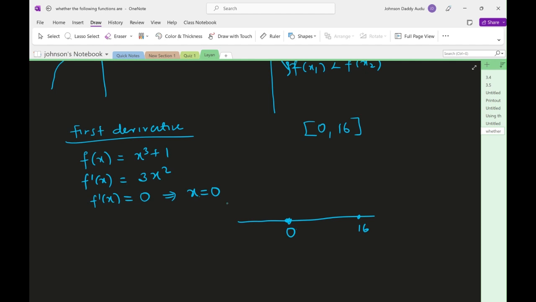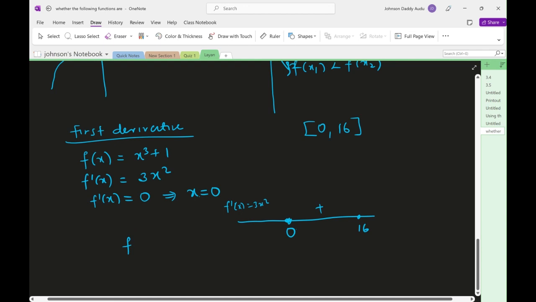Remember f prime of x is just 3x squared. If you substitute x equals 2, you're going to have 12, which is positive. So just put plus here.